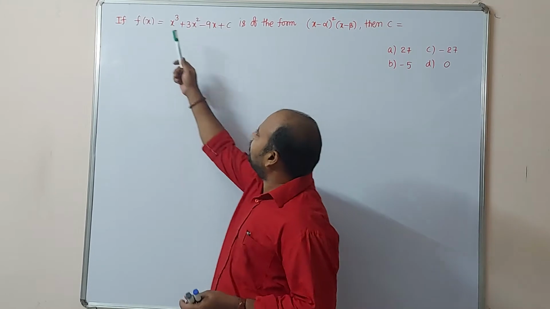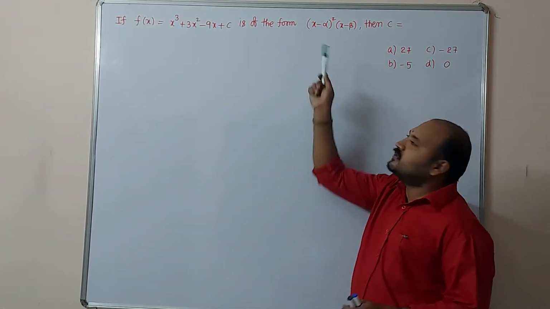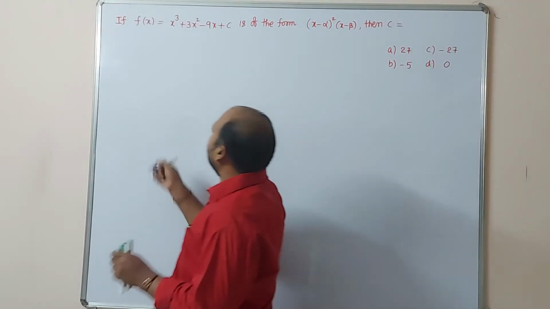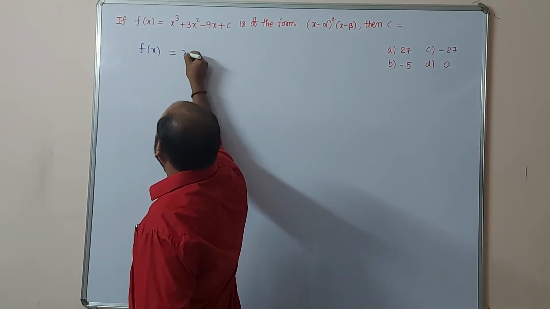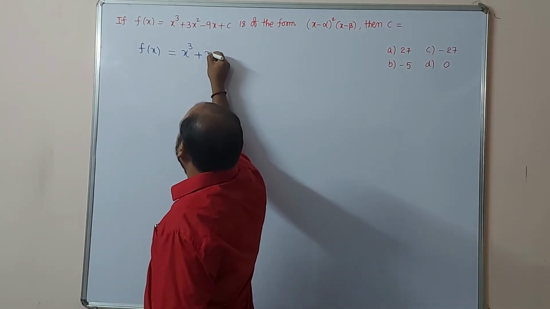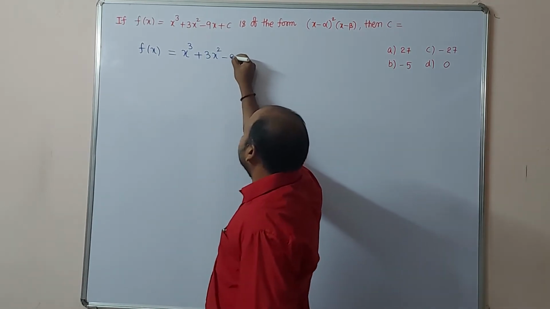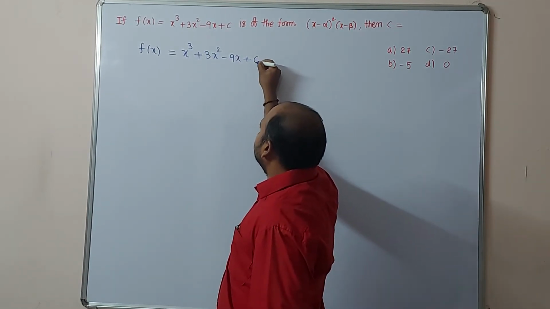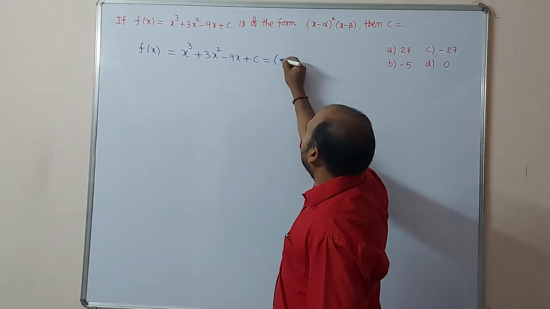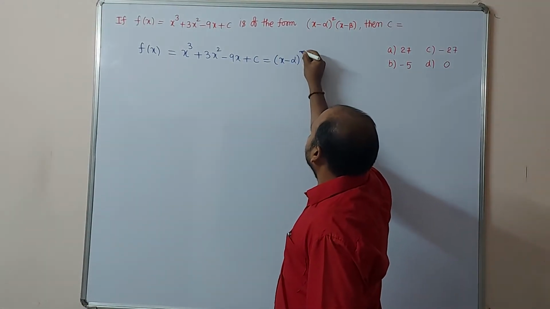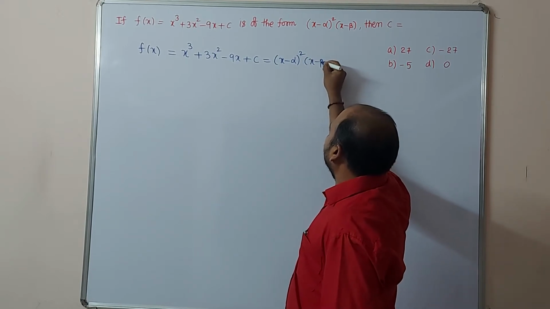See here, this f of x can be expressed in this form. So f of x equal to x cube plus 3x square minus 9x plus c is equal to (x minus alpha) whole square into (x minus beta).